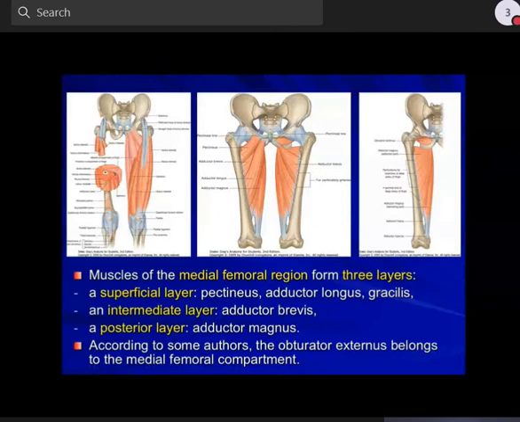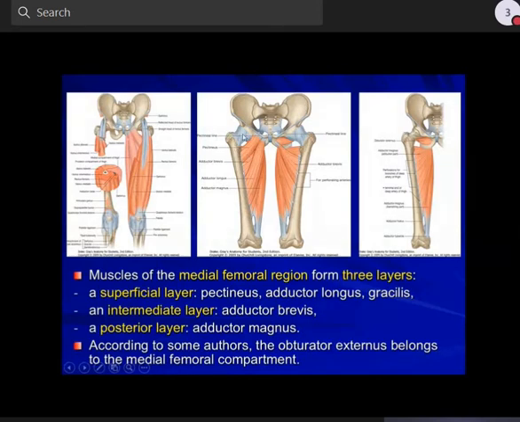What's the function of adductors? So all adductors project from the pelvis and pass downwards, some transversely, like the superior part of the adductor magnus, but they pass mostly laterally and inferiorly, because all adductors adduct at the hip joint.